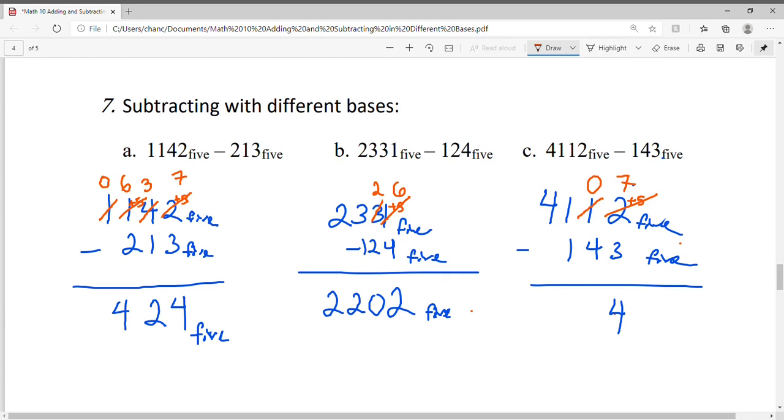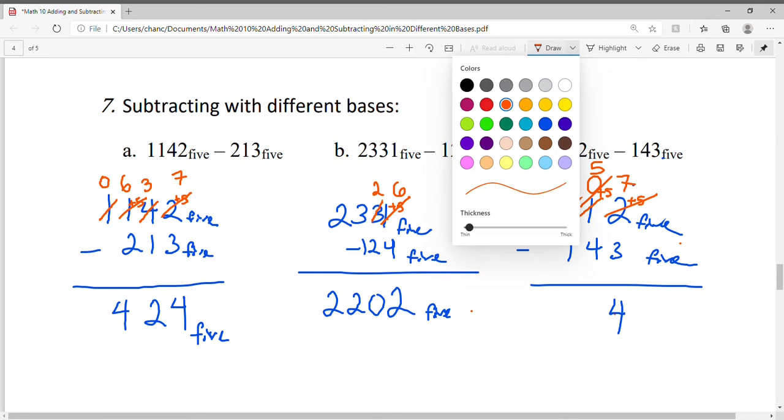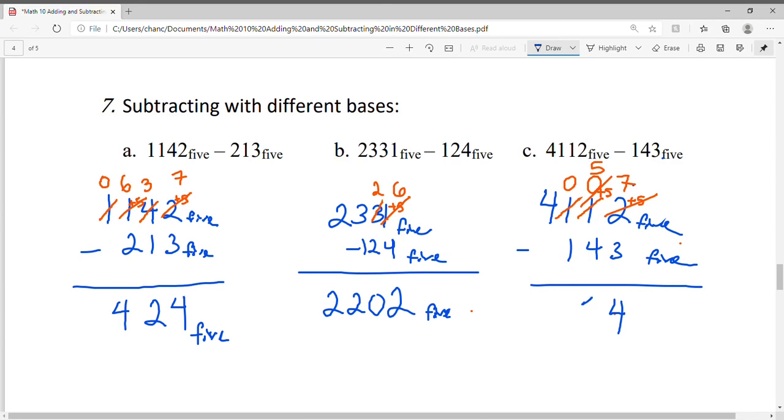Now 4 cannot be taken away from 0, so we'll have to borrow from the 1. This 1 becomes a 0, then you'll have to add the 5 to the 0. Well, that makes this a 5. So 5 minus 4 gives me 1. I need to borrow again.